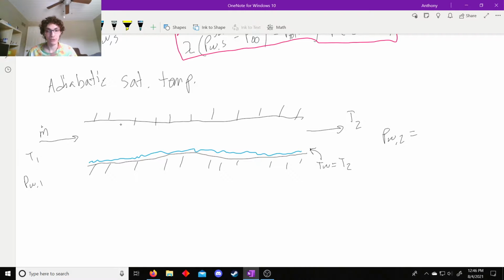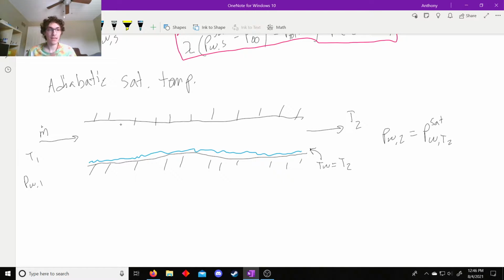And we know TW is equal to T2. So what we can write is this equals the saturation pressure of water at T2. Because again, we're putting in water at TW equals T2. And that water has a certain saturation pressure.